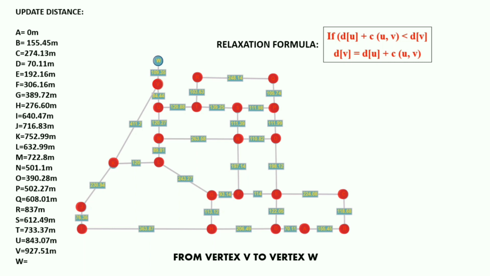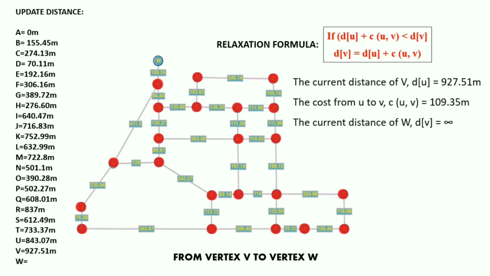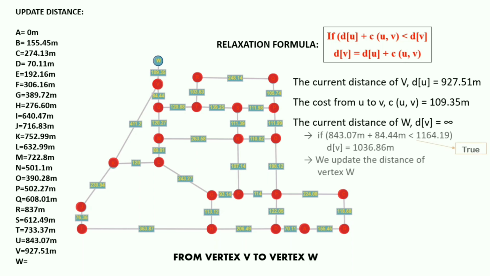From vertex V to vertex W, the current distance of V is 927.51 meter, while the cost from V to W is 109.35 meter, and the current distance of W is infinite. So this is the condition. It is true, so we will update the distance of vertex W.